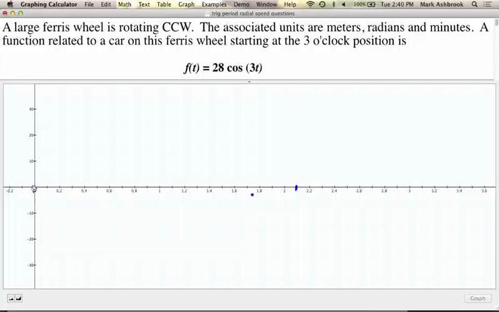I don't know if you can read that, but this is 1, this is 2, this is 3. And this is 10, this is 20, this is 30. So our period was 2.09.